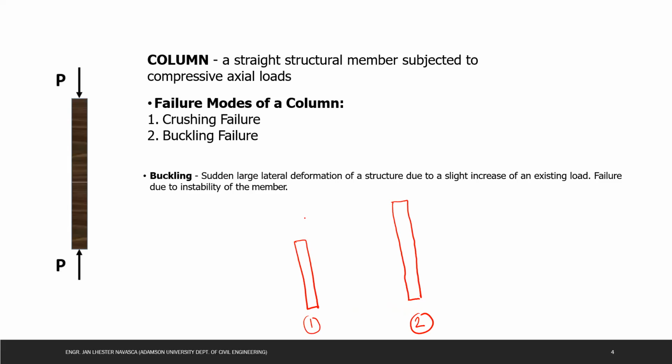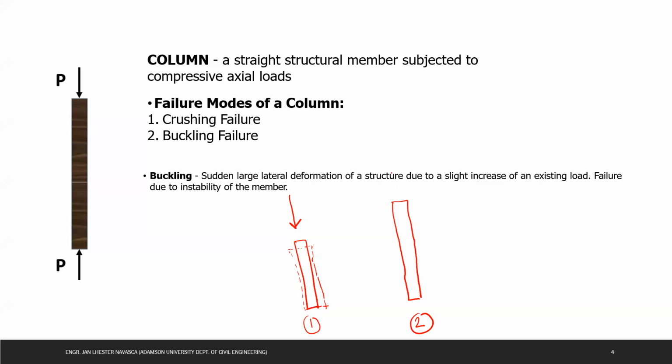Why? Because this is relatively small, we call it a small column or non-slender column. If you apply a compression load, since this is relatively small, obviously your column cross section will yield or crush. It will only crush.